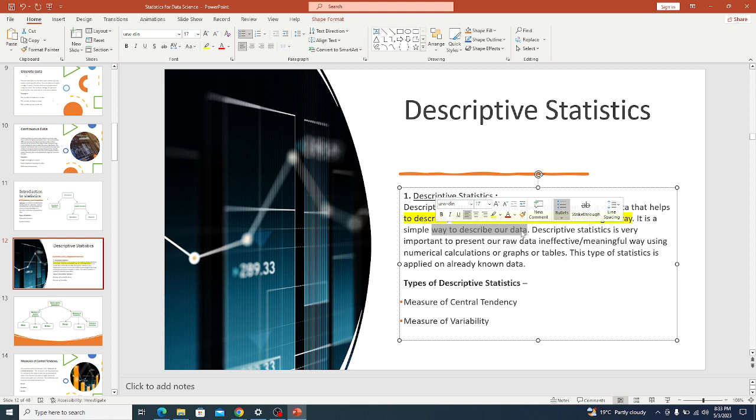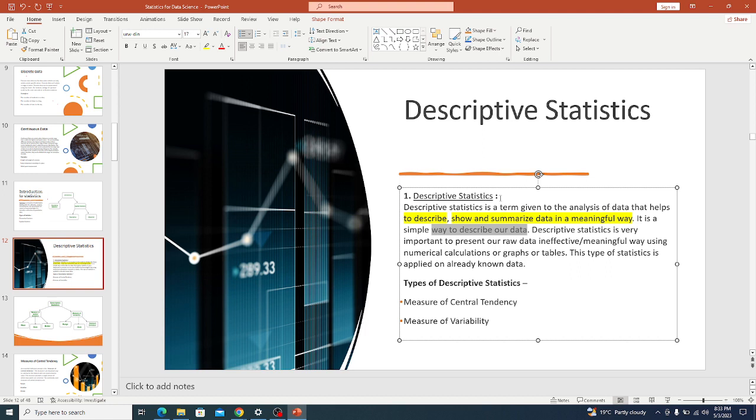Under descriptive statistics, it is very important to present our raw data in a meaningful way using numerical calculations, graphs, or tables. This type of statistics is applied on already known data.